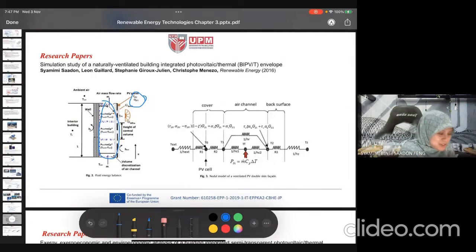So we take into consideration the radiation, the convection, especially the convection inside the air thermal collector, and also the conduction in the wall, because the heat from the air in the thermal collector will be transferred to the interior of the building.